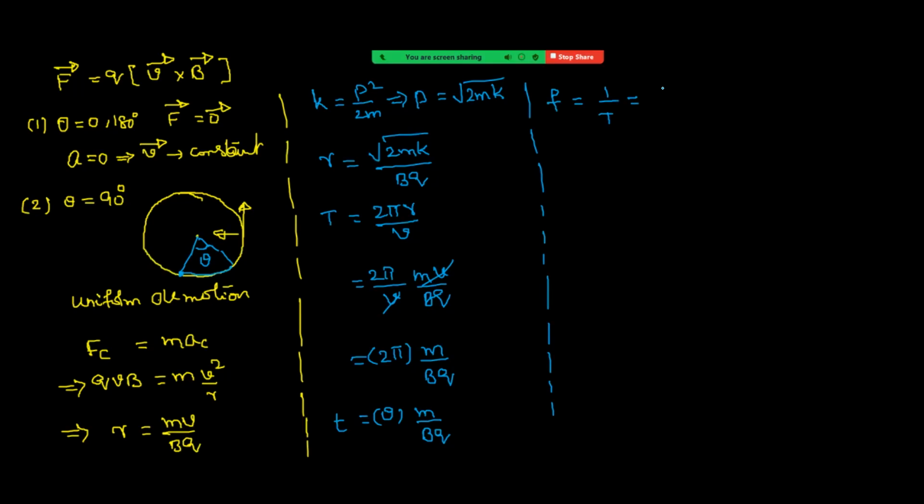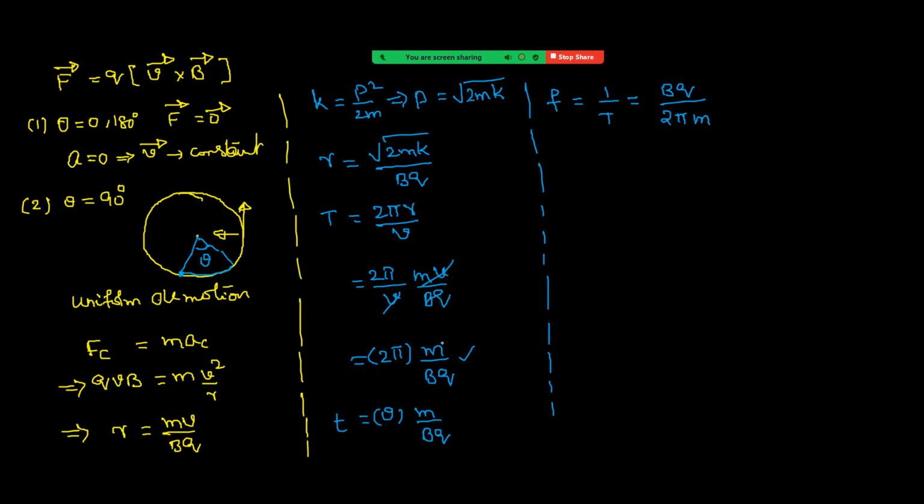which is equal to bq upon 2 pi m, right? That is the frequency. And if you see carefully, time period of revolution is not depending on speed.